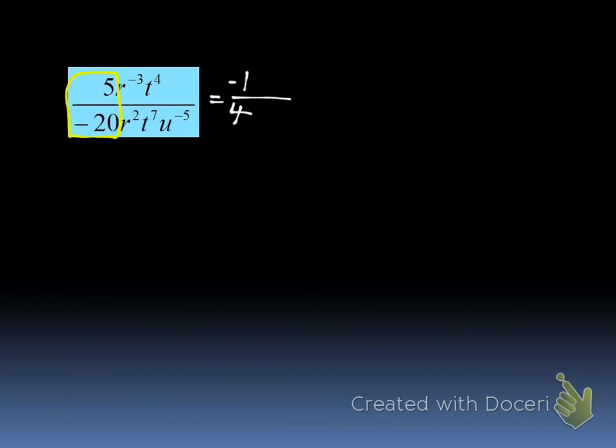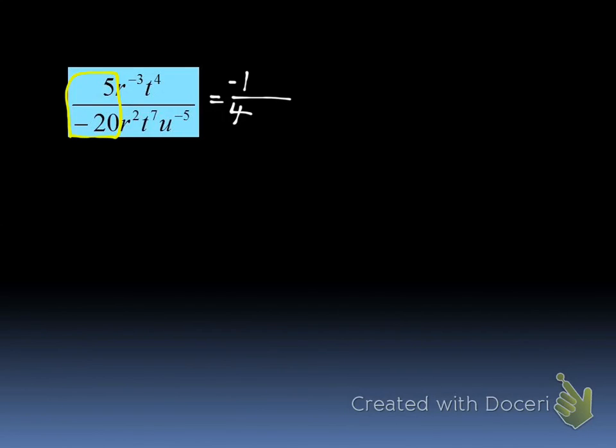Everybody good? Okay. The way I'm teaching this is this. Remember that first rule we did? Okay? Quotient. The quotient rule. We did what with those two? We did what operation? Subtraction. That's the way I'm teaching this. Subtract them.